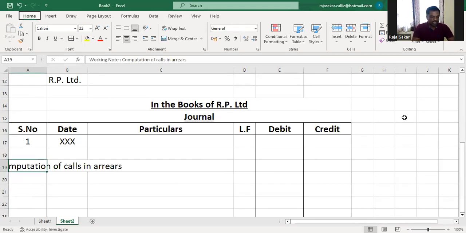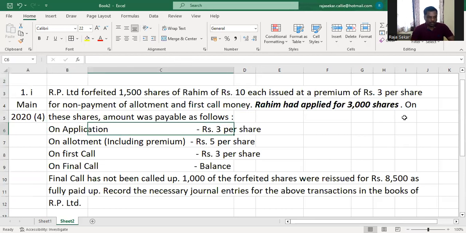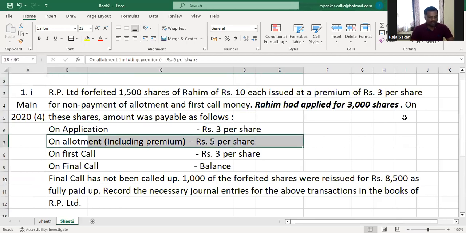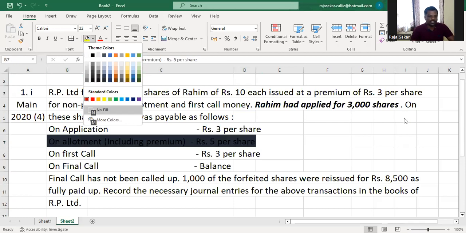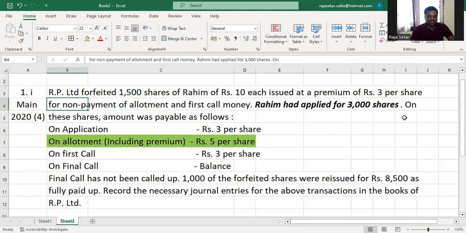This is a working note that we are supposed to do in all situations where there are calls and arrears for a certain call. That is, in allotment here, we have calls and arrears. Rahim has not paid allotment money and first call money. And you see that it is a pro rata problem. So there might be some excess application money available to be adjusted against allotment.